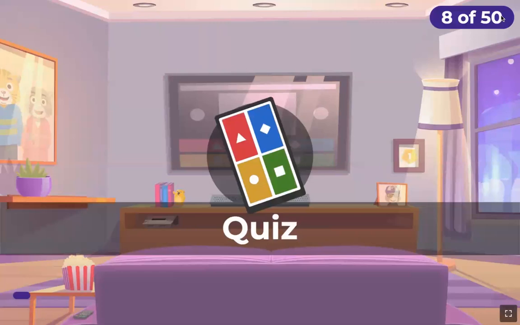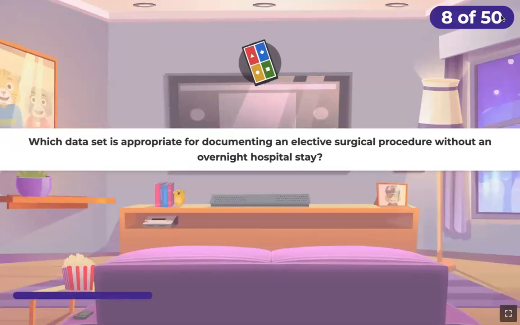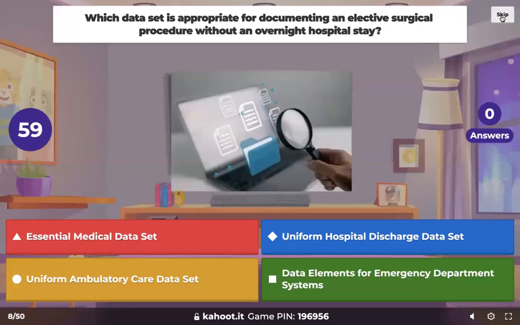All right, moving on. Which data set is appropriate for documenting an elective surgery procedure without an overnight hospital stay? Which data set? All those acronyms coming back to haunt you. What do you guys think?